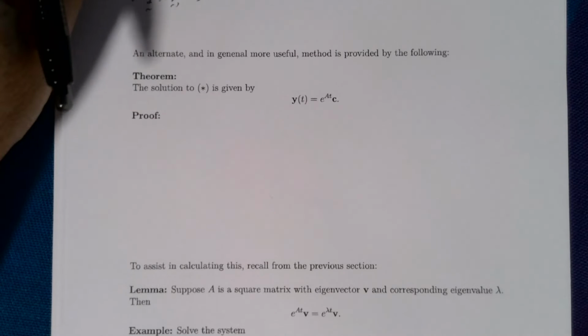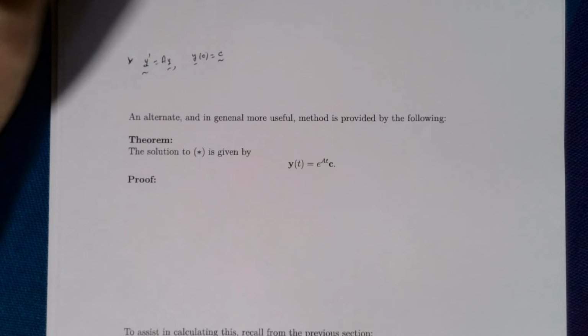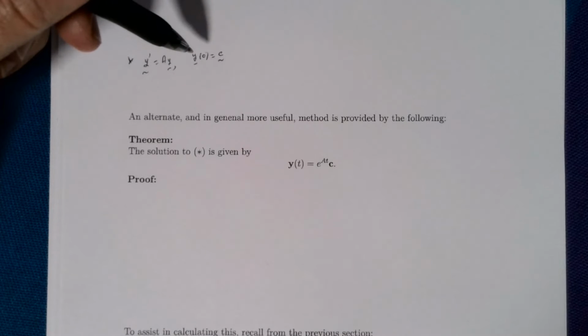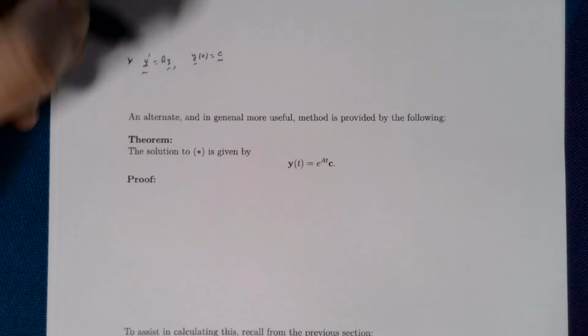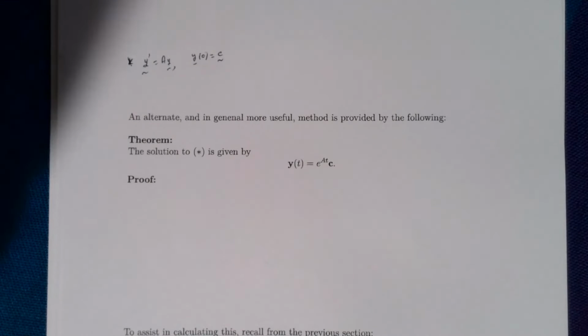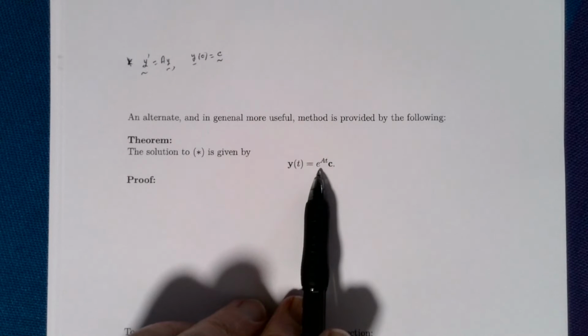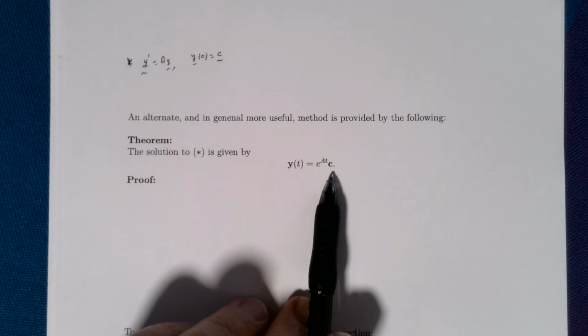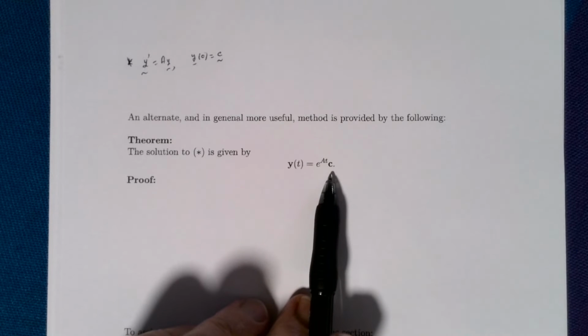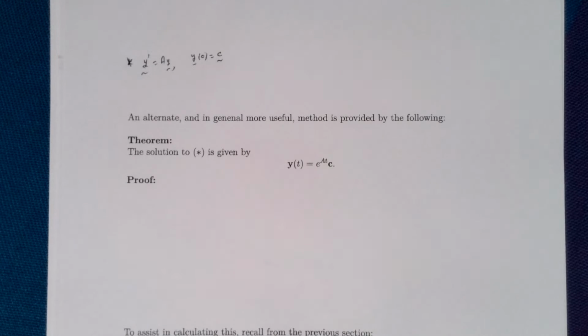So there was our system of differential equations with initial conditions, and this theorem says the solution to this system of equations with this initial condition turns out to be just e to the At times the vector c. The solution is just the matrix e to the At multiplied by the vector c. So I'll give a little proof of that, just to show that it works.